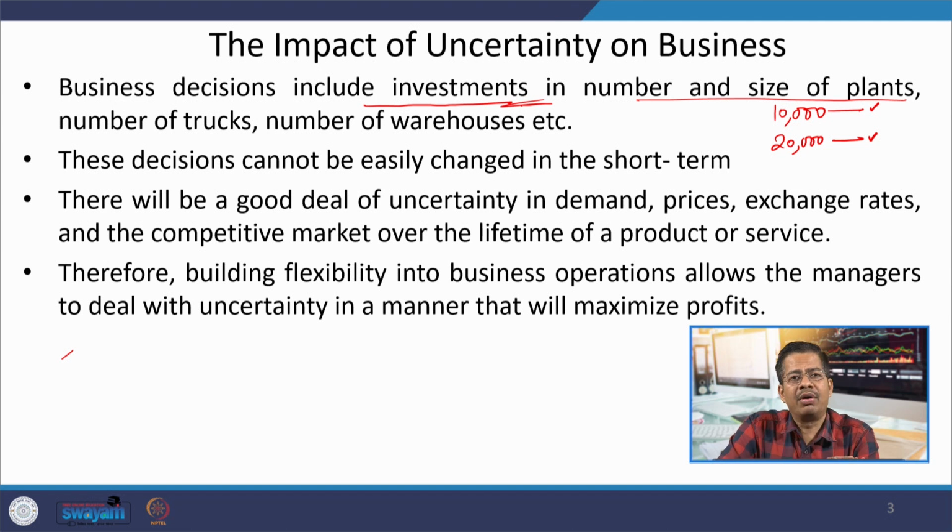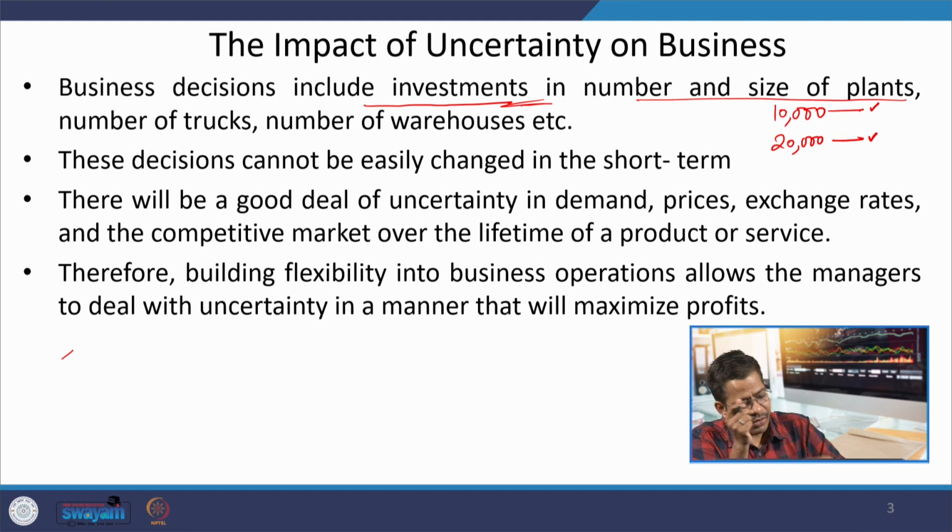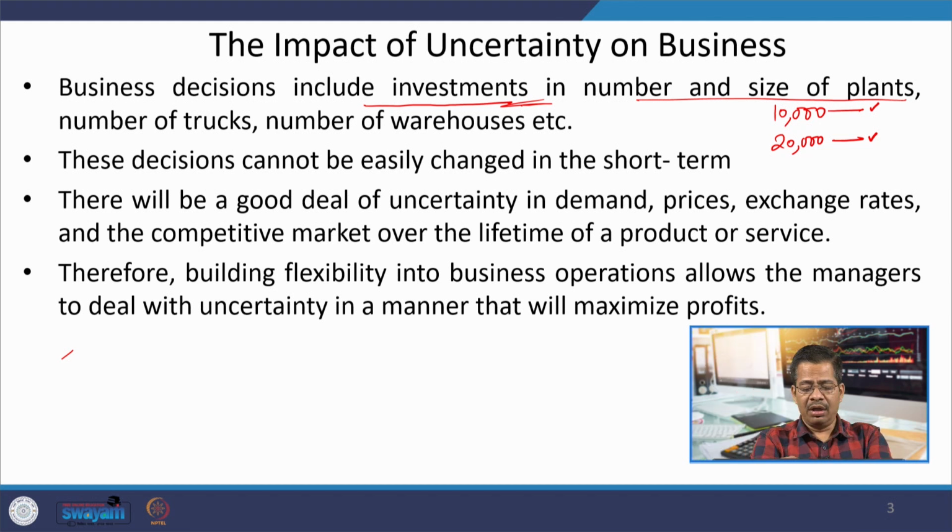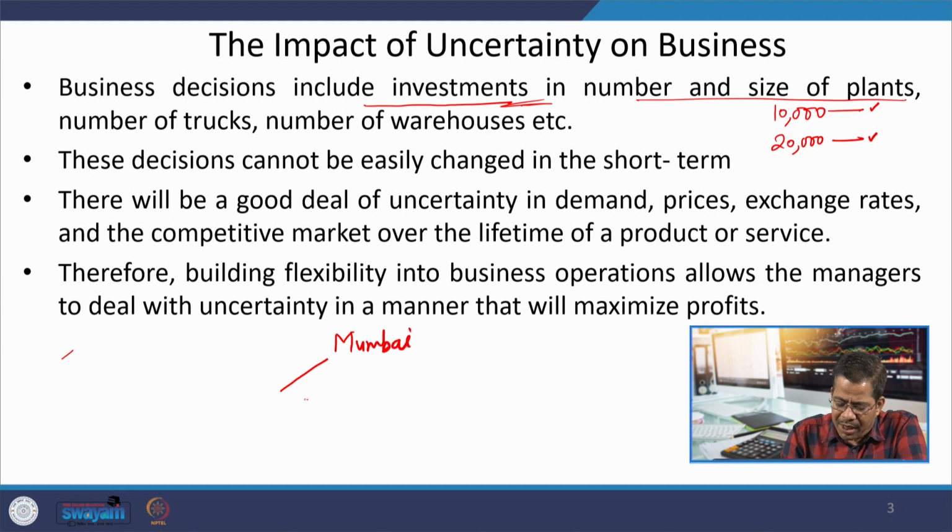But because of a wrong decision on size or a wrong decision on location, the impact is much more long lasting, and therefore we need to be more careful when taking decisions in the long term, and uncertainties are there in those long term issues also. For example, in case of India, should I make a plant in Mumbai or should I make a plant in Delhi?